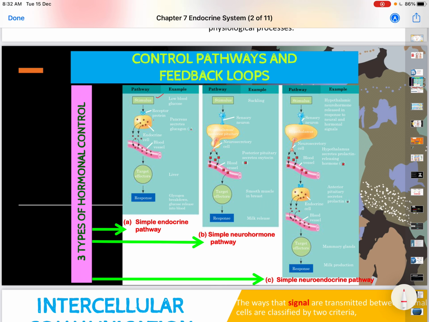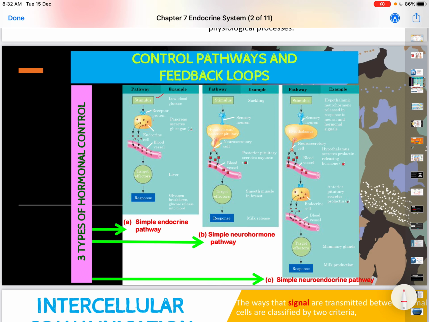The second is the simple neurohormone pathway. It starts with the stimulus, and the stimulus will release a chemical messenger to the hypothalamus or the posterior pituitary gland.